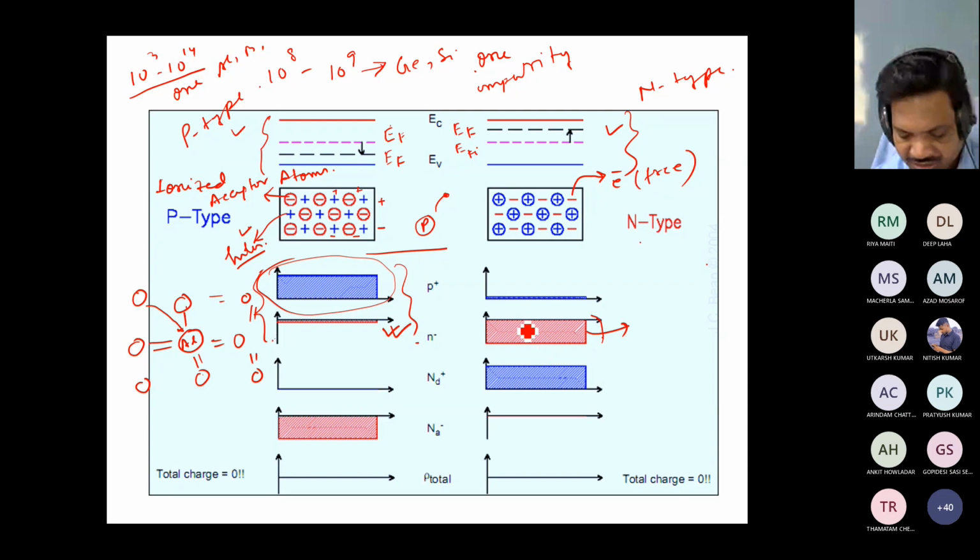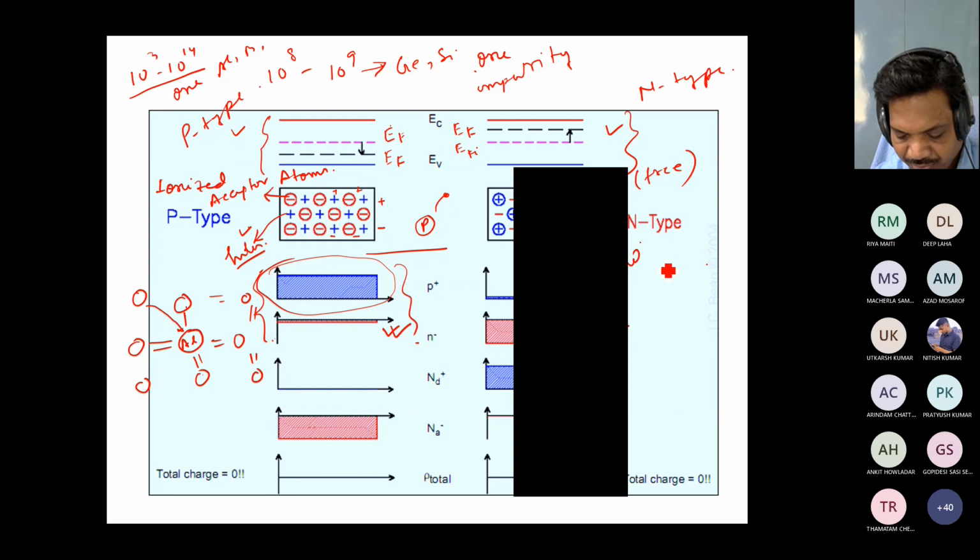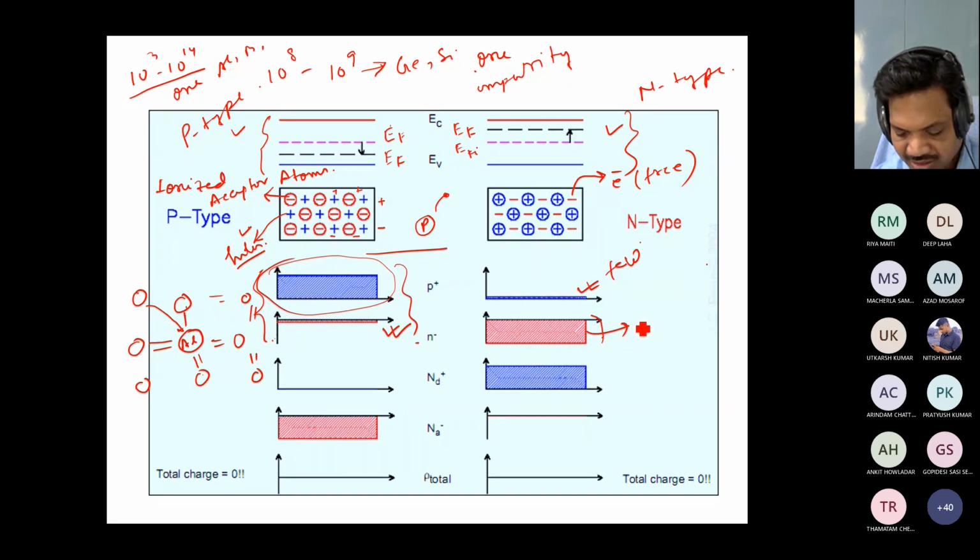So accordingly, you can see mostly negative charges are there, and as compared to that, very few positive charges are there. That is due to minority carriers. Here, mostly negative.